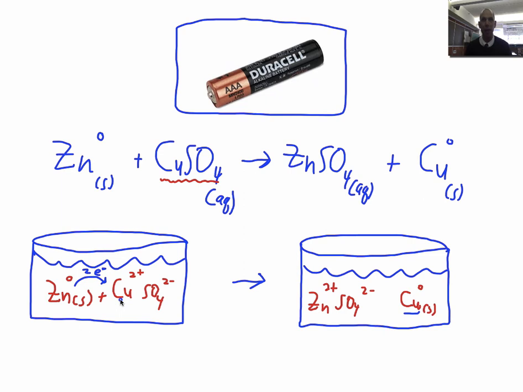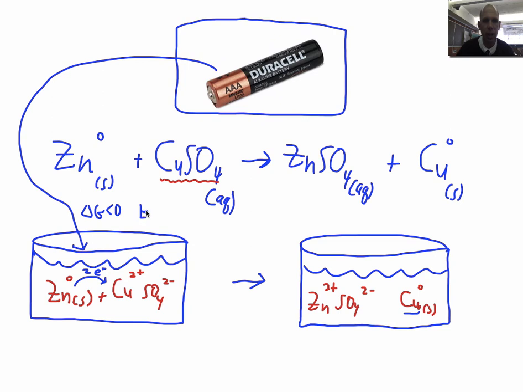So this battery harnessed the spontaneous transfer of 2 electrons. These 2 electrons being transferred spontaneously, having a delta G less than 0 and an E greater than 0, allow this battery to work spontaneously.